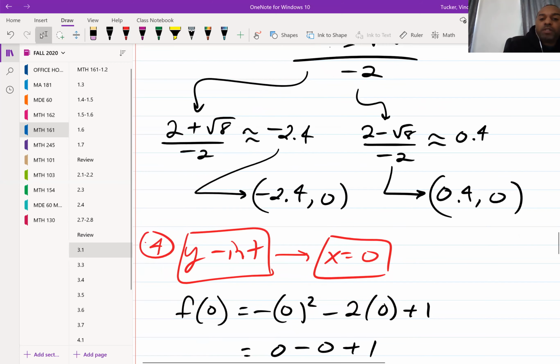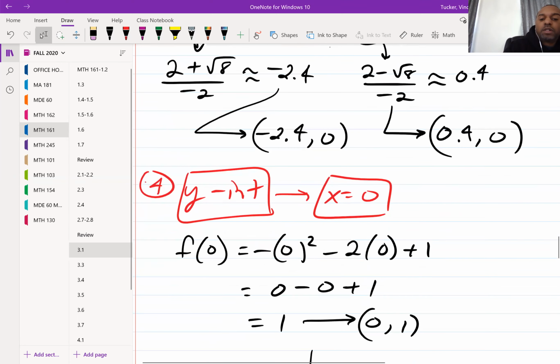All right, so plugging in 0 for x. F of 0 is going to be negative 0 squared minus 2 times 0 plus 1. Simplify that, and you'll have 1 as a result. So that's going to be 0, 1 for that ordered pair.